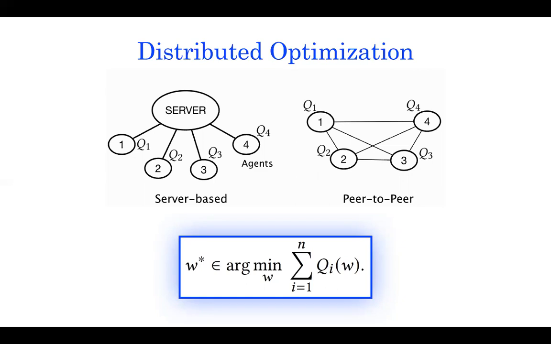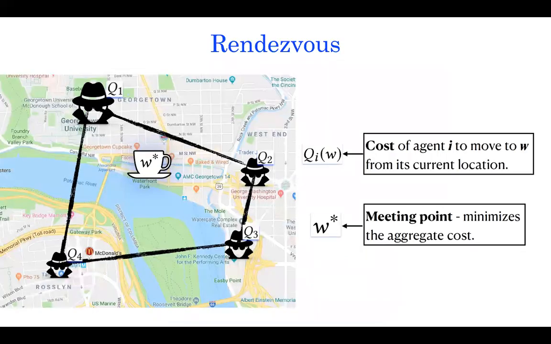So far, there have been a lot of distributed algorithms that apply to both server-agent architecture and peer-to-peer architecture. In practice, this abstract problem finds many applications.